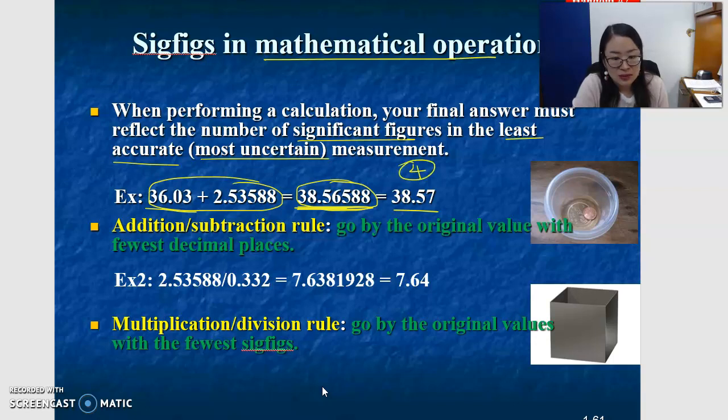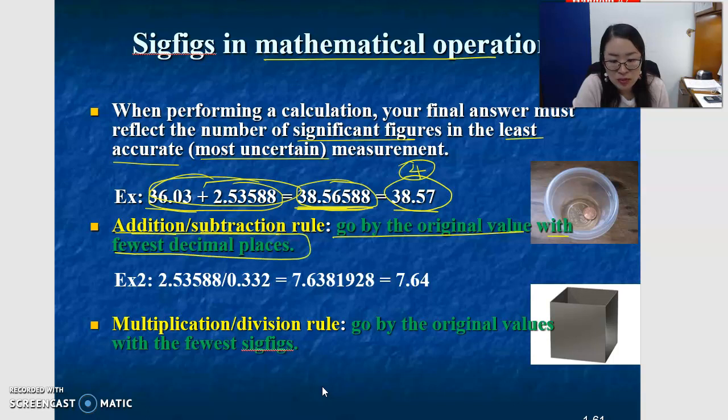That's because when you have addition or subtraction, your final answer needs to go by the original value with the fewest decimal places. So I have 2 decimal places here. I have 1, 2, 3, 4, 5 decimal places in this number. The fewest one is 2.